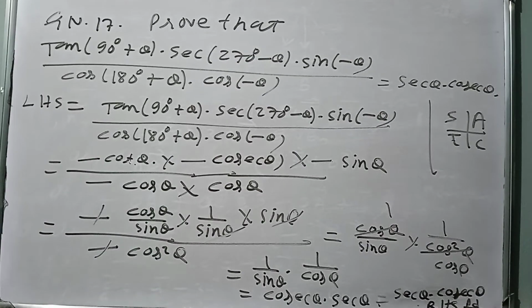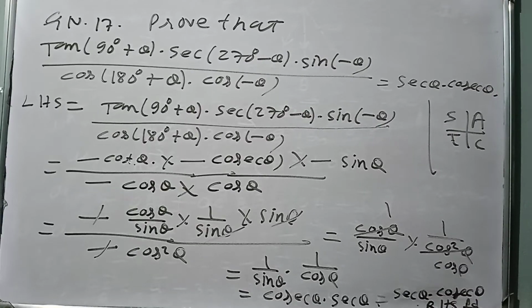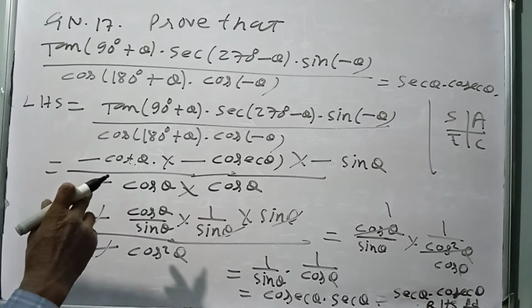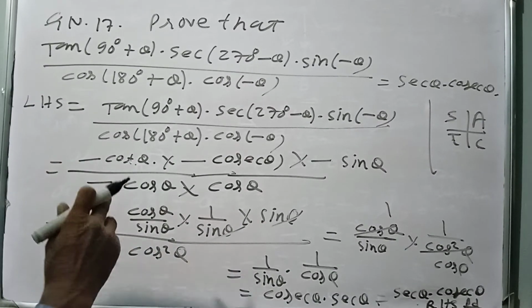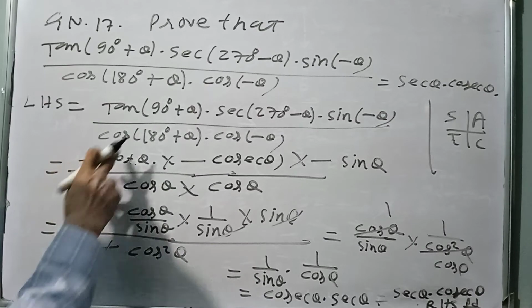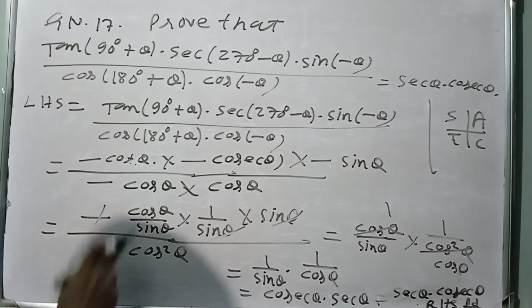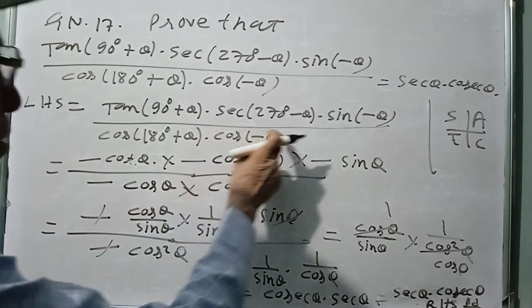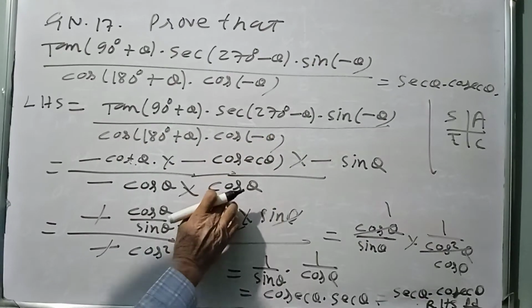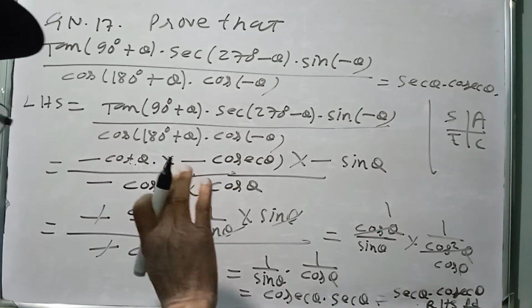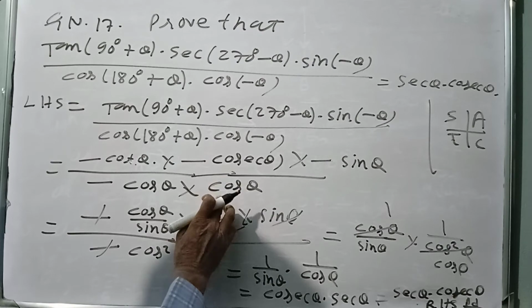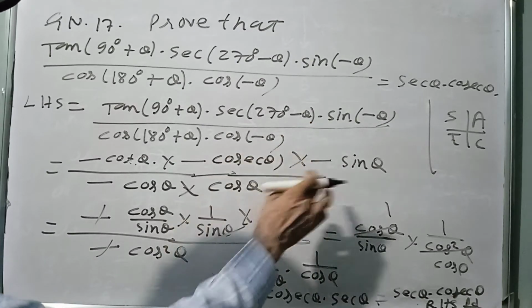For even coefficients of 90 degree like 2 into 90, 4 into 90, 6 into 90, 8 into 90, or 180 plus theta minus theta, 360 plus theta minus theta, the ratio becomes the same. So cos(180 plus theta) is minus cos theta; cos(minus theta) is cos theta, not minus. Sin all are negative but cos and sec are positive, like cos(minus theta) is cos theta, sec(minus theta) is sec theta.